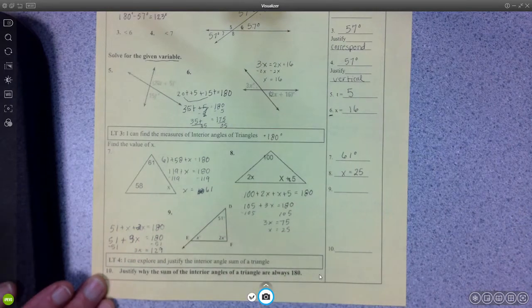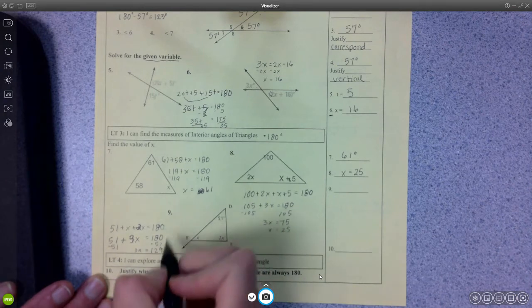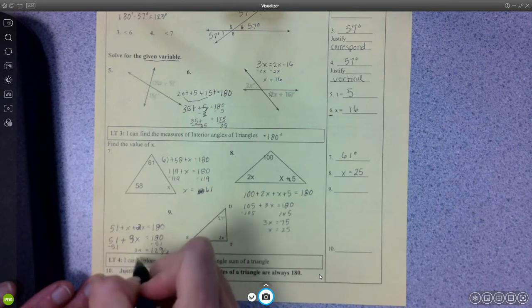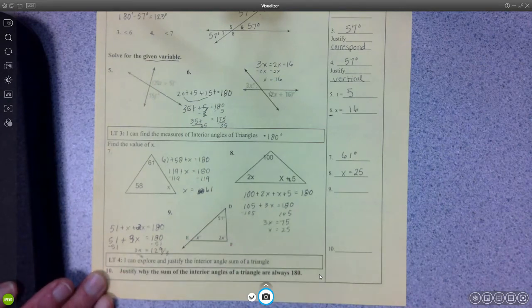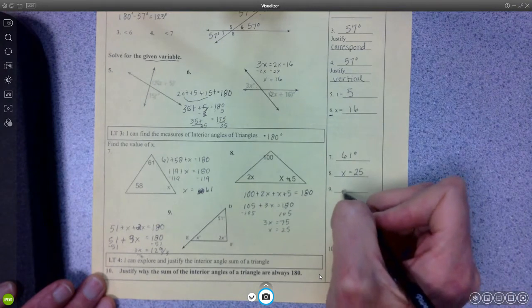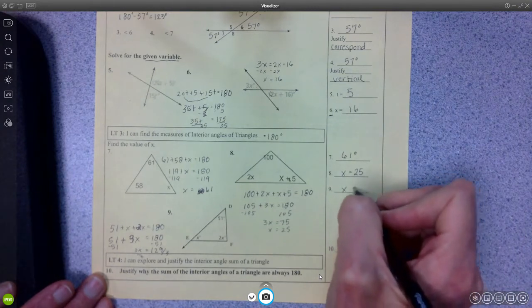And then if we divide 129 by 3, so we'll divide this by 3, this by 3, we're going to get that x is going to be equal to 43.